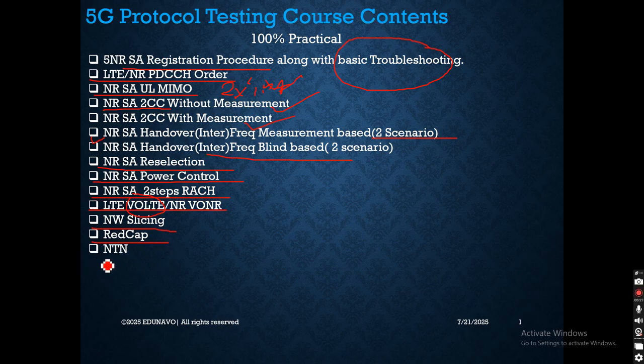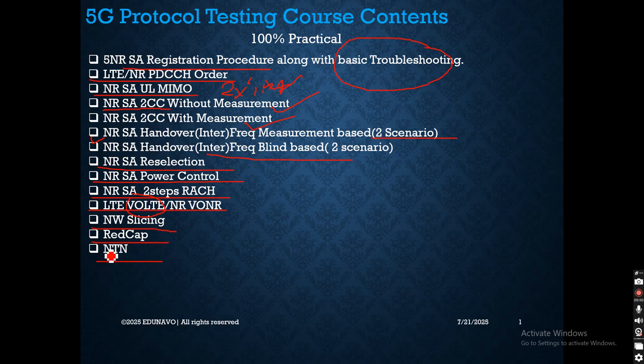The next is NTN, non-terrestrial network. Till now, most of the features which we are going to discuss are based on terrestrial networks, but the industry is now moving towards non-terrestrial networks, satellite-based communications. We will see what the differences are, what different bands 3GPP has allocated for non-terrestrial networks, and the different types of satellite orbits.